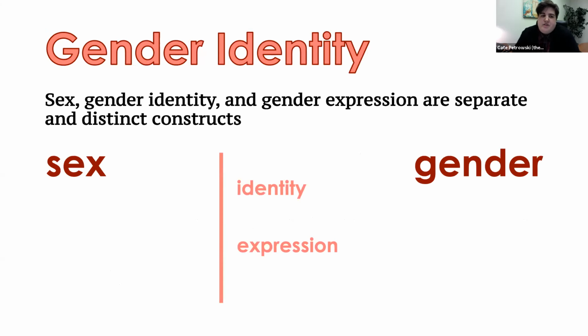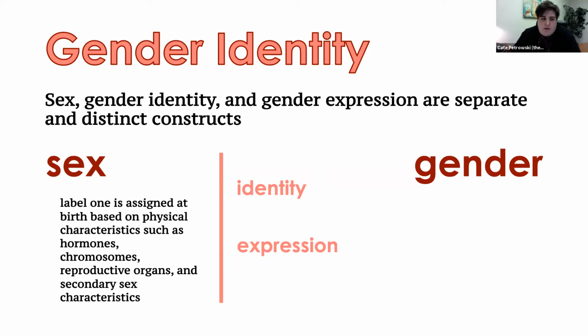It's important to note that sex, gender identity, and gender expression are all different constructs. Sex is the label that one is typically assigned at birth, usually based on physical characteristics like hormones, chromosomes, reproductive organs, and secondary sex characteristics. That differs from gender, which looks at your identity and your expression of gender.